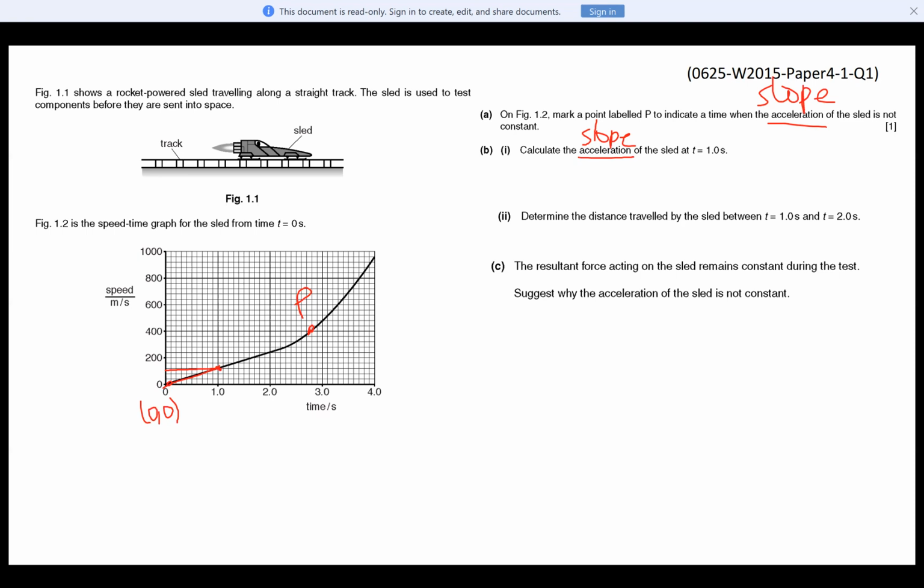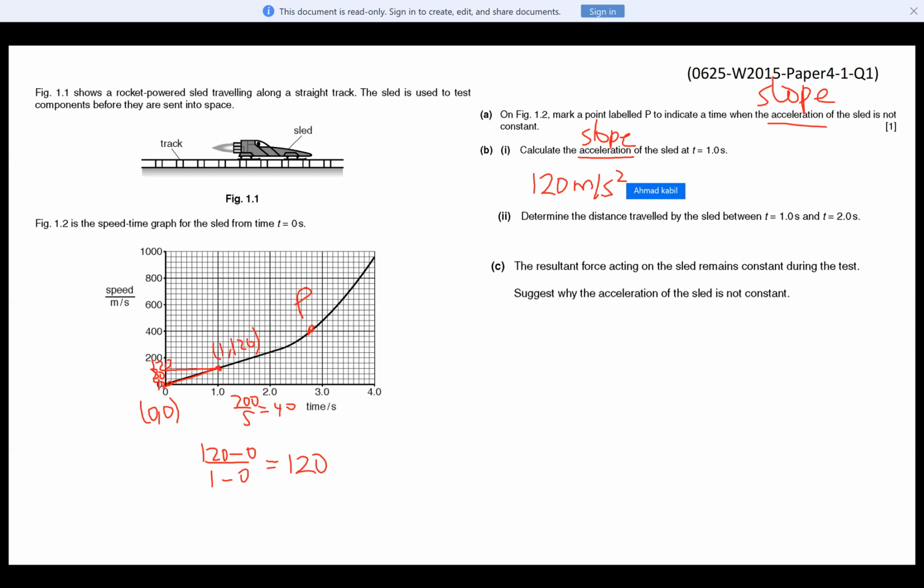So 200 divided by 5 gives us 40. So 40, 80, 120. Therefore, you have 1 and 120 as the second point, and you can proceed to calculate the slope. 120 minus 0 over 1 minus 0. This gives us 120 meters per second. So per second squared, excuse me. So the acceleration here would be 120 meters per second squared.